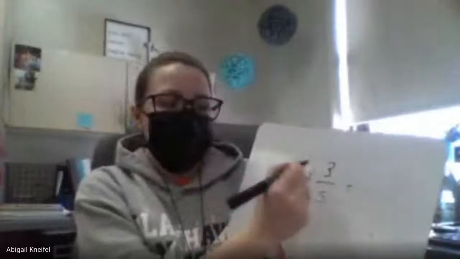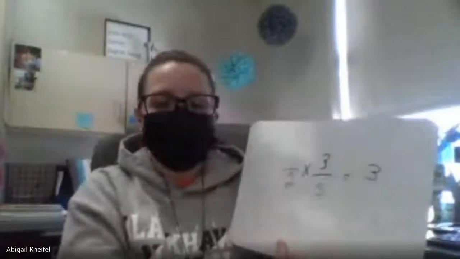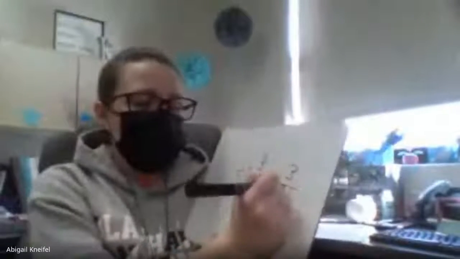Oh. So, for example, if I had one half times 3/5. If I had 1/2 times 3/5, I would show you 1 times 3 is 3. You guys can just watch, okay? 2 times 5 is 10.